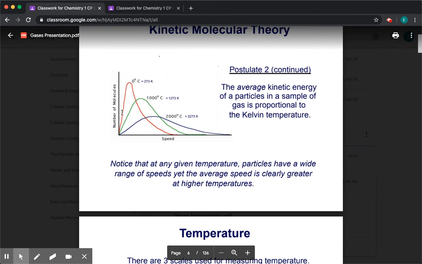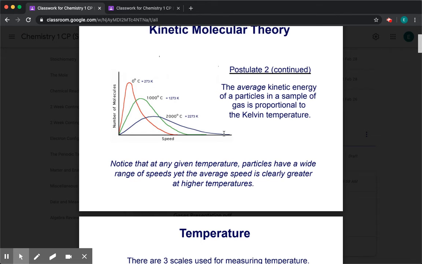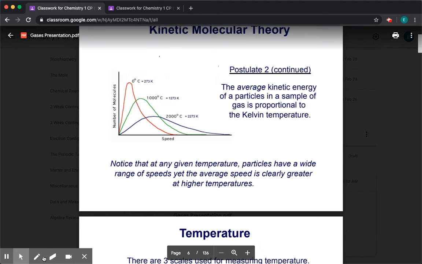And what they have here is a little chart showing the speed of the particles on average based off of the temperature. So at 0 degrees Celsius, most of the particles are in this range. At 0 degrees, most of them are going that speed. If you look, you have some that go a little faster, but most of them are here.